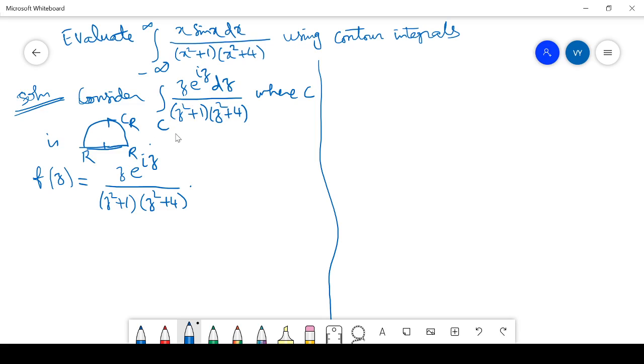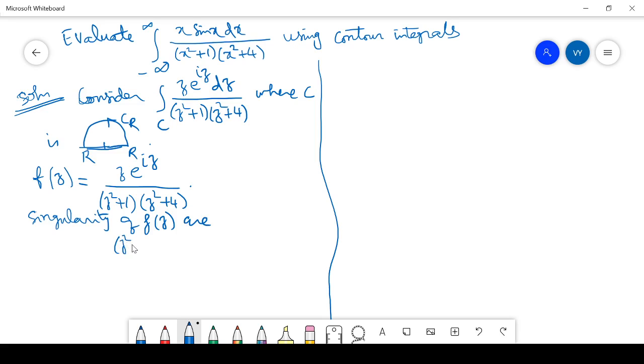Better will be the Cauchy residue theorem. If I want to use it, I have to find the residue of the function f of z. To find the residue, I should first find the singularities of f of z.